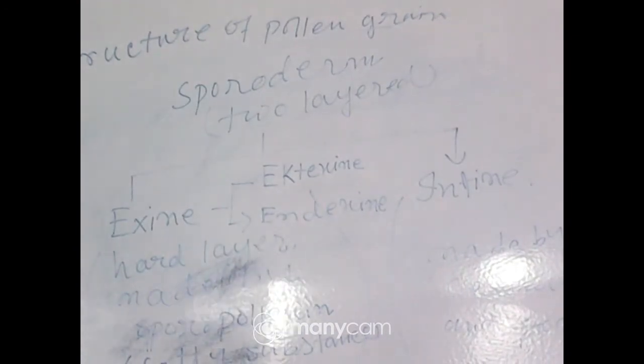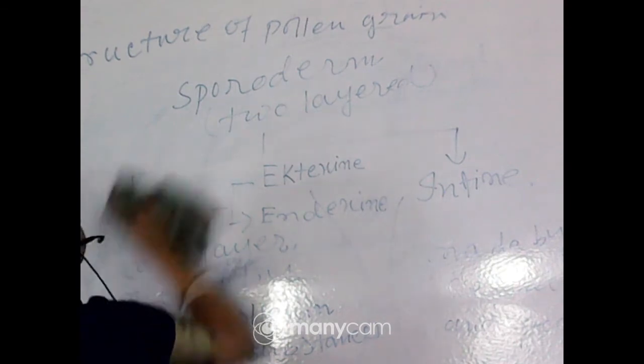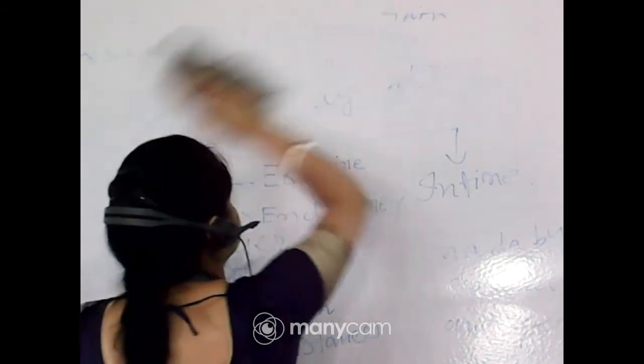Okay, clear everyone? Pollen grains are well preserved as fossils because of the presence of the sporopollenin. It is a short question. I just told you why it is resistant to any type of condition.